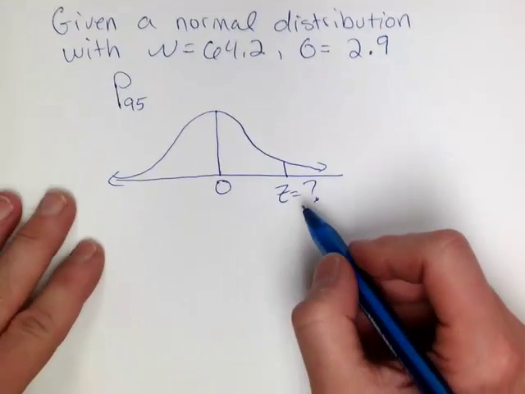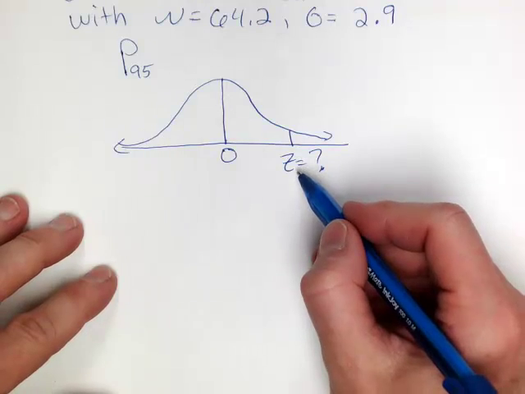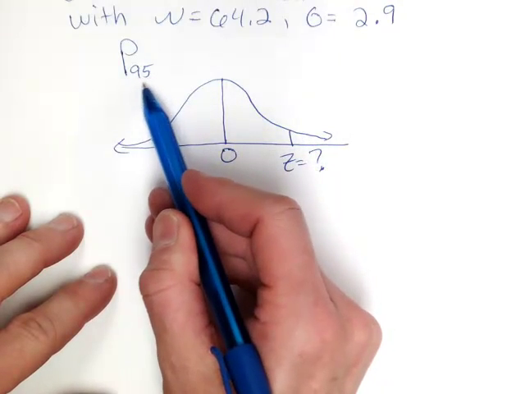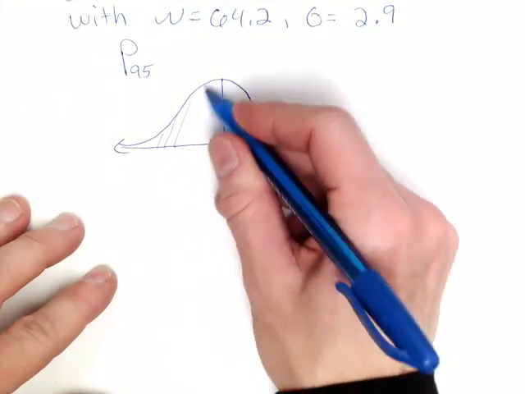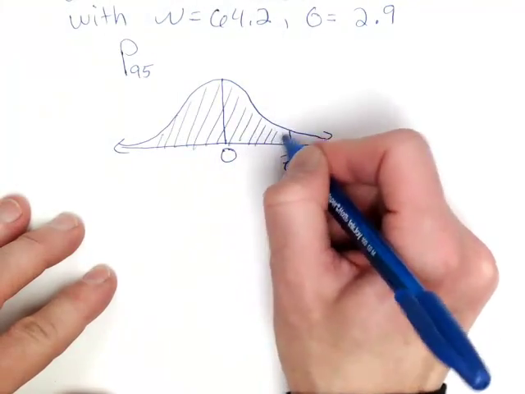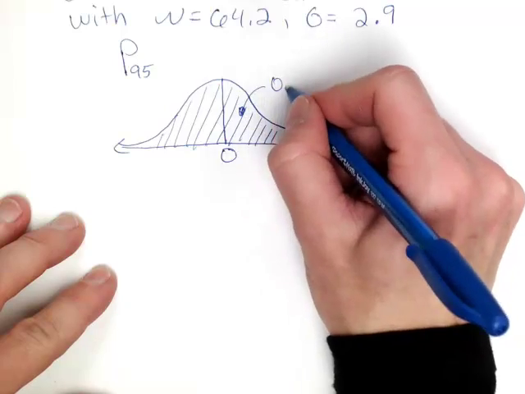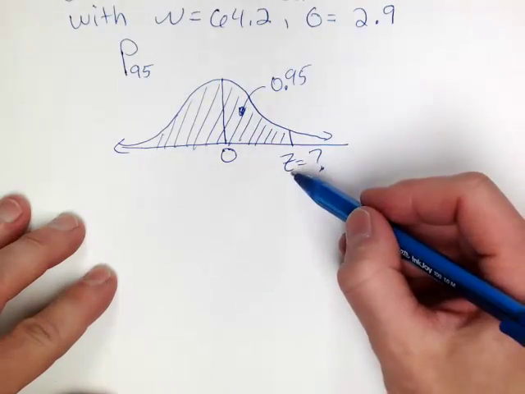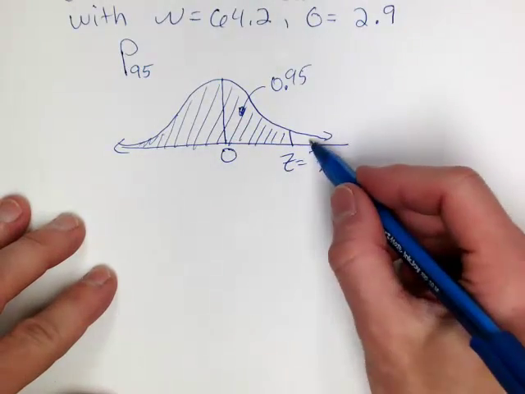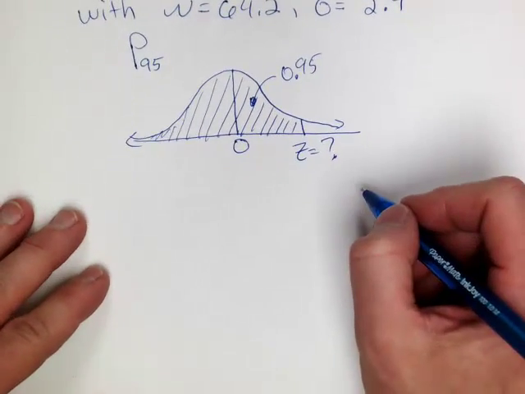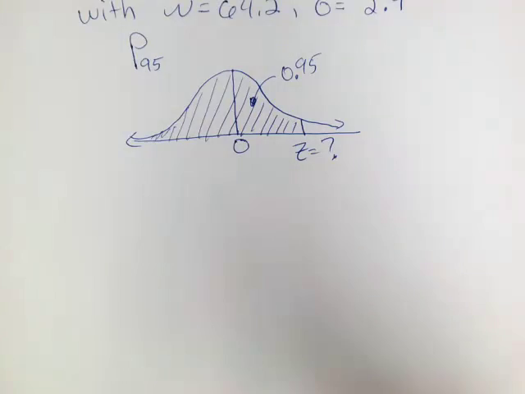Now I know my z-score is going to be above 0 because the cumulative area I'm given is 0.95. Sketching this, putting 0.95 here, I want the z-score that separates the lower 95% of the z-scores from this upper tail.